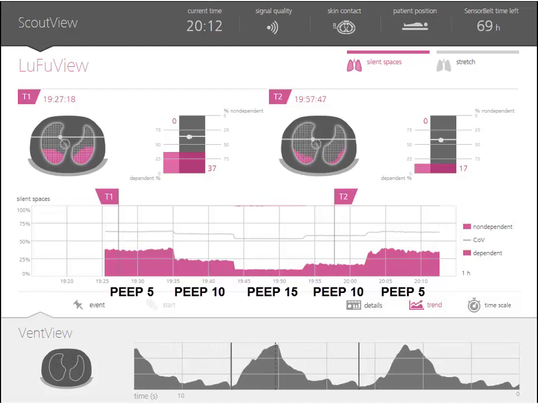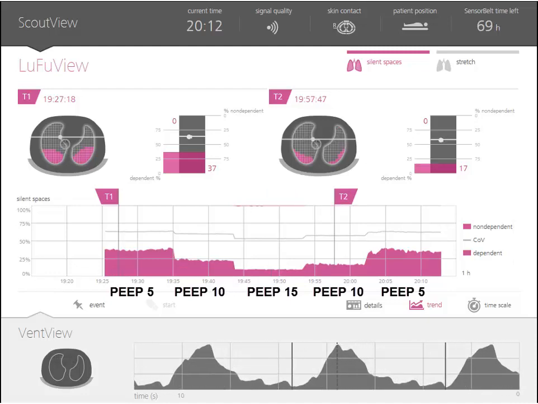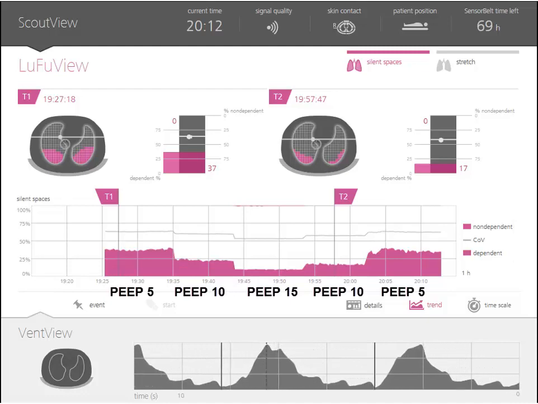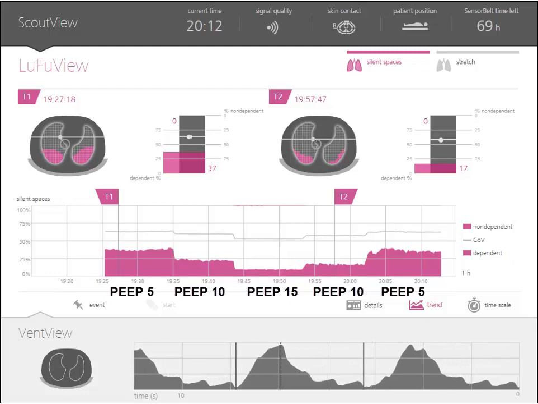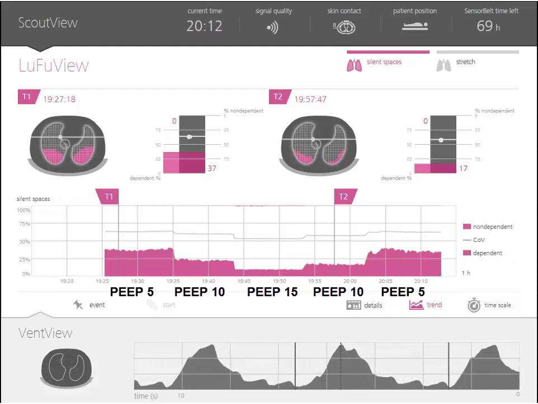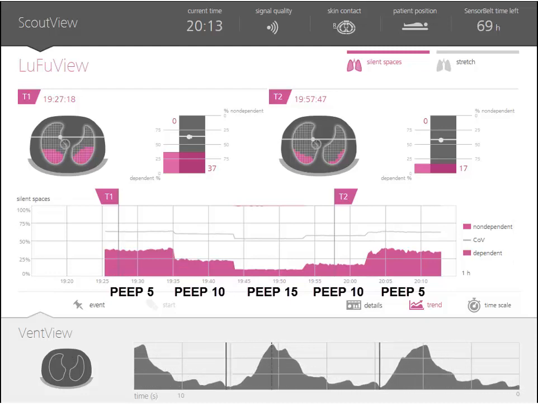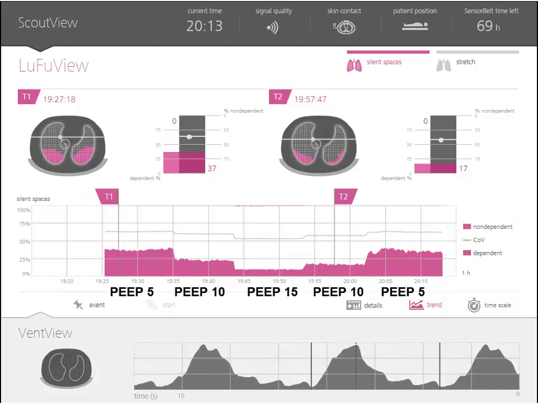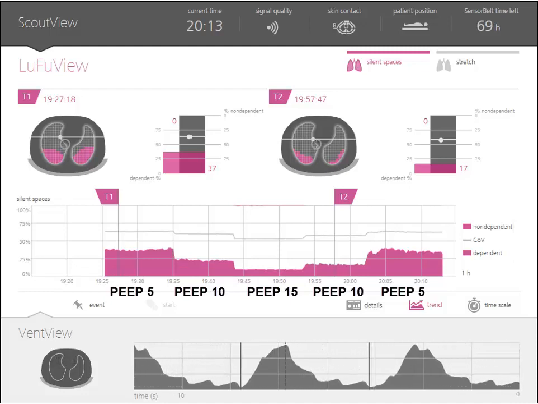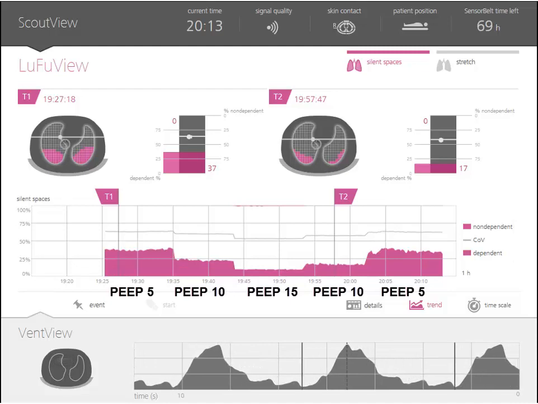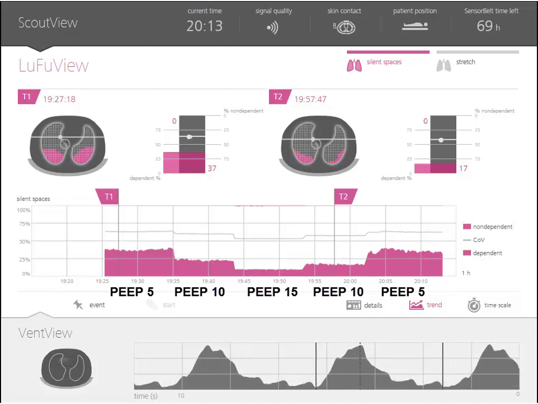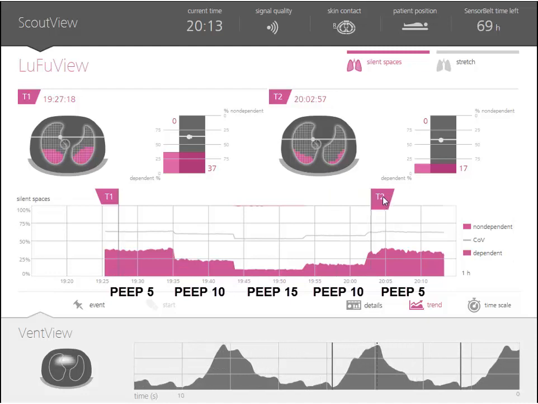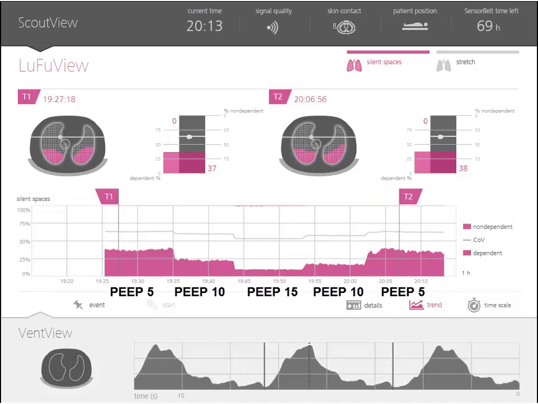Once PEEP is lowered, silent spaces increase from 17% to 38% at a PEEP of 5 centimeters of water. Please note that the center of ventilation shifts centrally after applying recruitment and an adequate level of PEEP. All of the above EIT findings indicate an open lung condition at PEEP 15 centimeters of water.